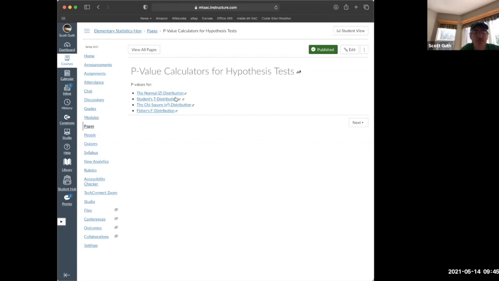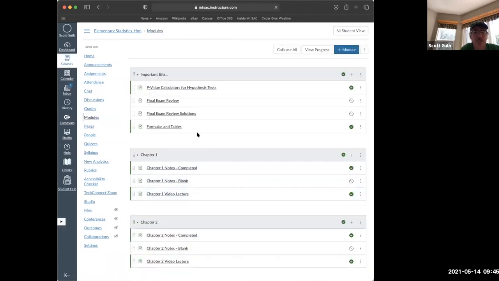T-distribution you've seen repeatedly, and before it's all over, there's going to be 2 more. So all the p-value calculators, again, are under modules, in the module called important bits. The very first thing is the p-value calculators. Any questions? You can use that on the exam. You don't have to use tables at all if you don't want.